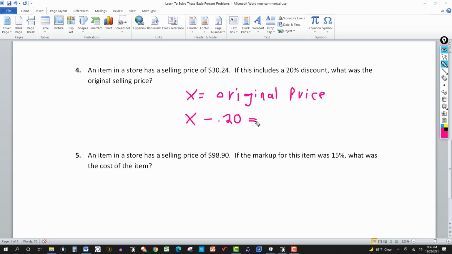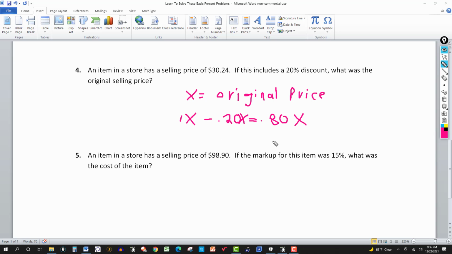And this gives me 0.80. This is a 1 here, remember. So 1 minus the 0.20. This is x here. Okay. So we're subtracting 20% of the price from the original price. So this is going to be 0.80x.